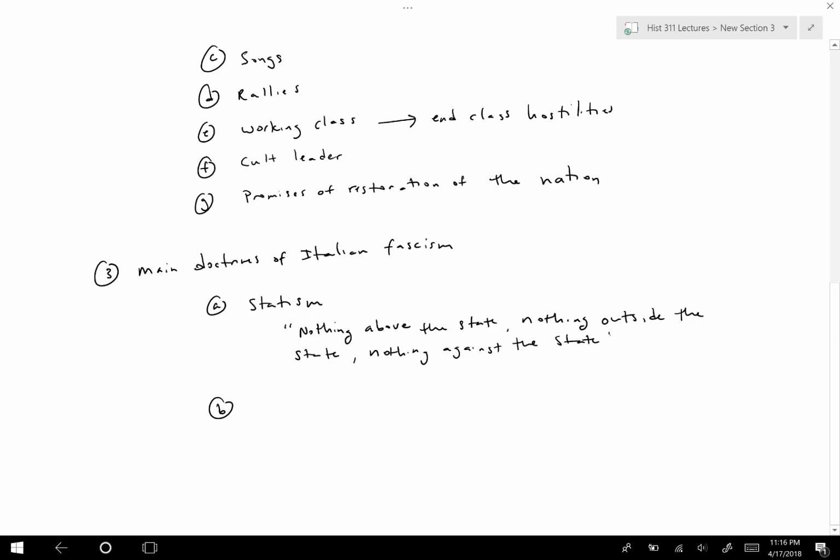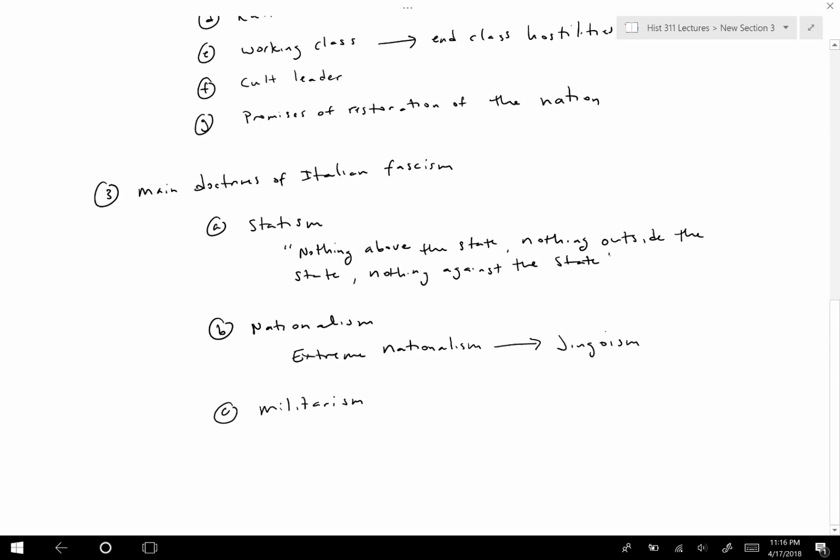The second component was nationalism, and again, extreme nationalism, which leads to jingoism, which we saw with World War I. Everything is about nationhood, and the people who compose it are most important. And then lastly, militarism: the idea that nations that don't expand die.